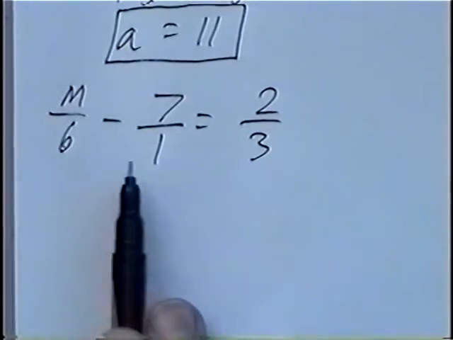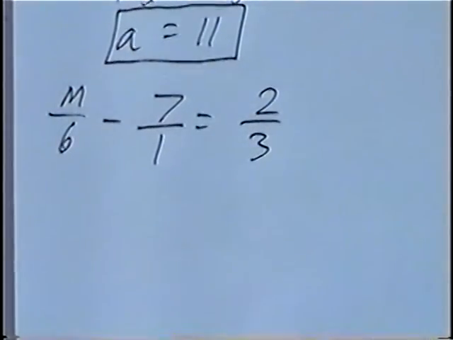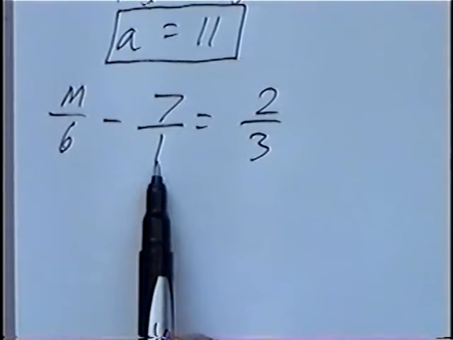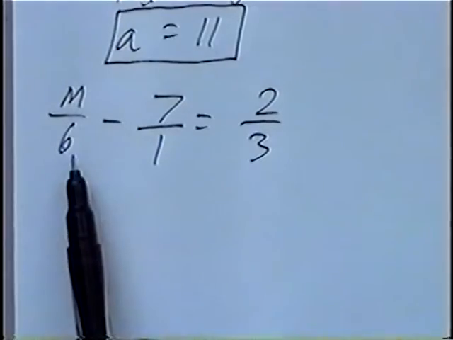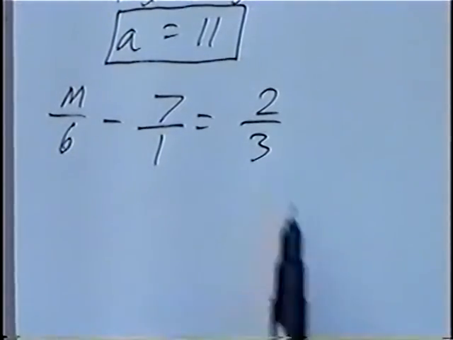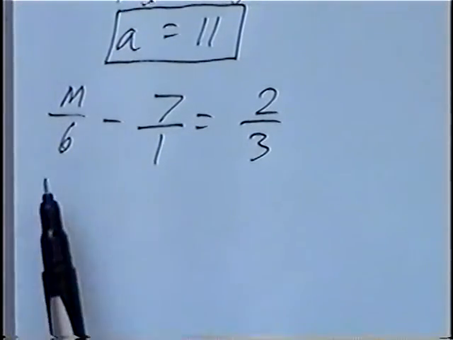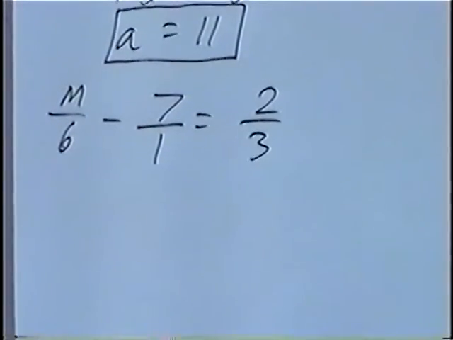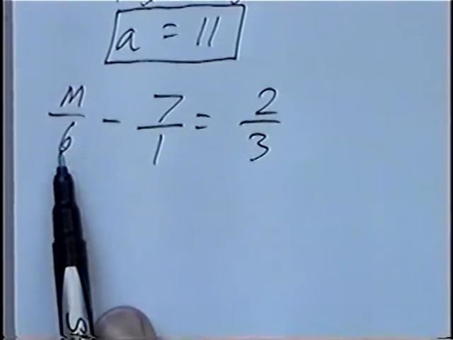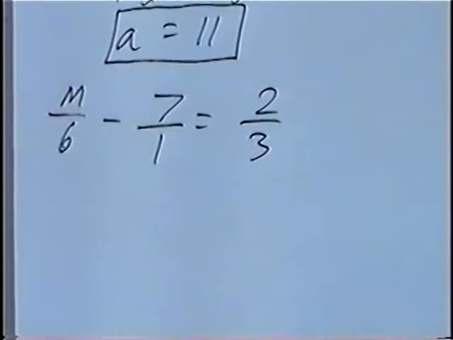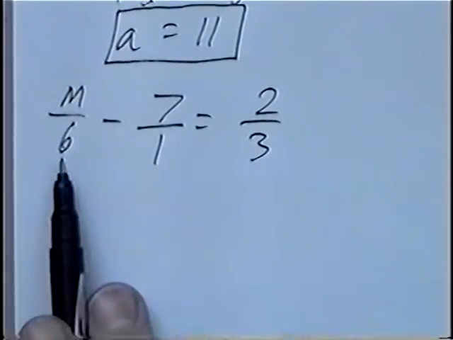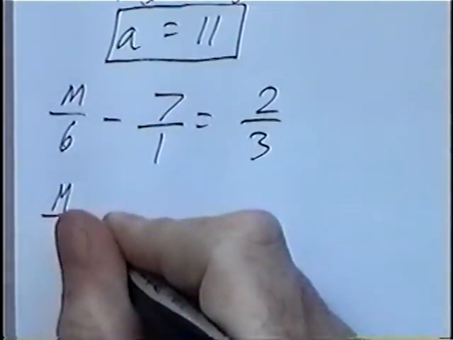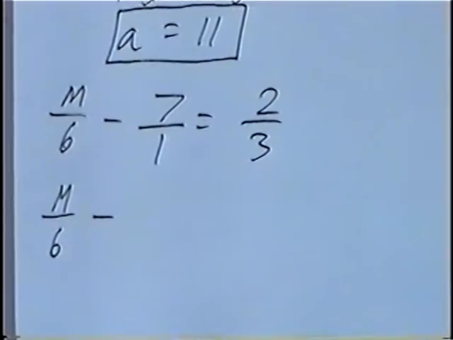Before we can cancel out or cross off the bottom numbers or denominators, each of the numbers has to be exactly the same. If we have a 6, 1, and a 3, we need to first get common denominators between all of these. The common denominator or number that each of these goes into would be 6. So the first fraction, m over 6, would stay the same.